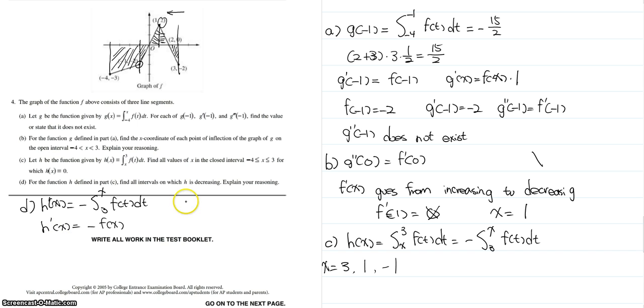When h is decreasing, h prime of x is smaller than 0, which means negative f of x is smaller than 0. If you multiply by negative 1 on both sides, f of x is greater than 0, because the negative changes the sign. On which interval is f of x greater than 0? The interval from 0 to 2. So the answer is that h is decreasing on the interval from 0 to 2.